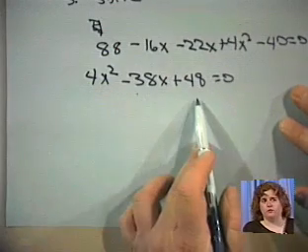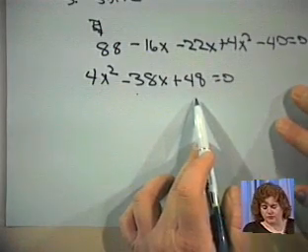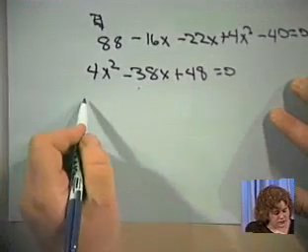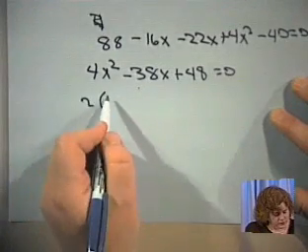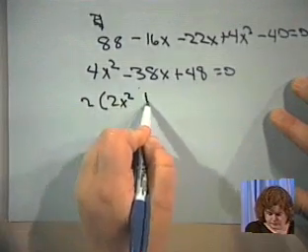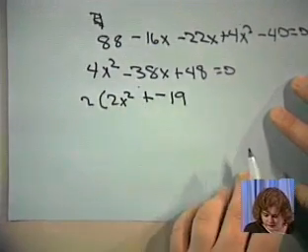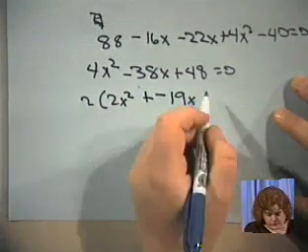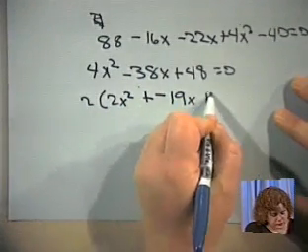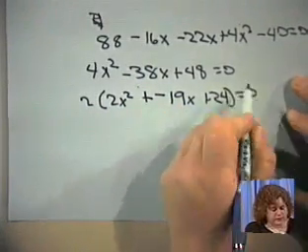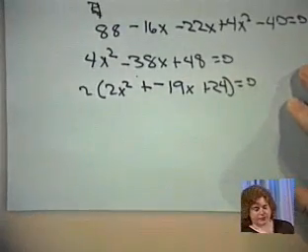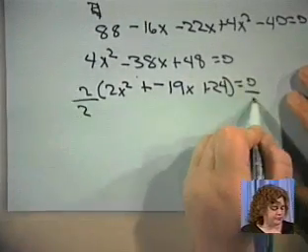Now, we're going to look and see if we can factor anything out. Immediately, I know I can get a 2 out because I have all even numbers. And when I do that, I'll be left with 2x squared plus a negative, since I just forgot to write a minus, 19x, and plus 24 equals 0. But it's just a number out front, so I can divide away the 2.